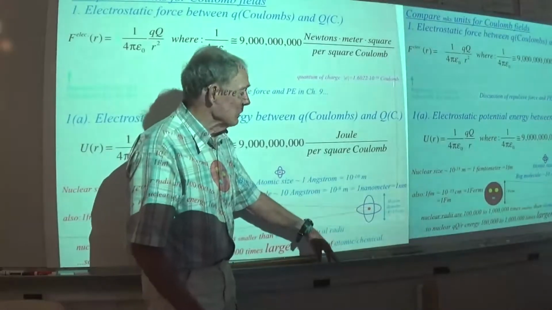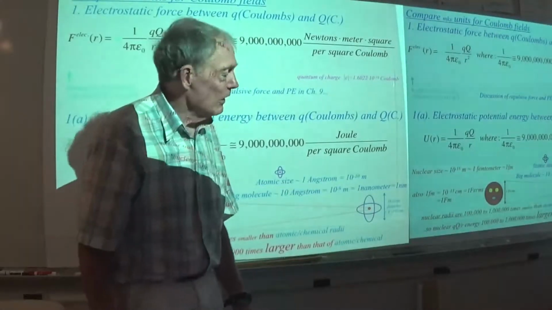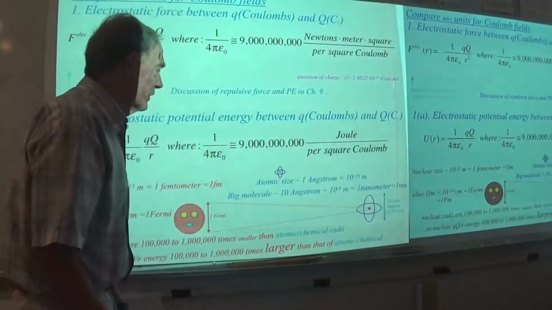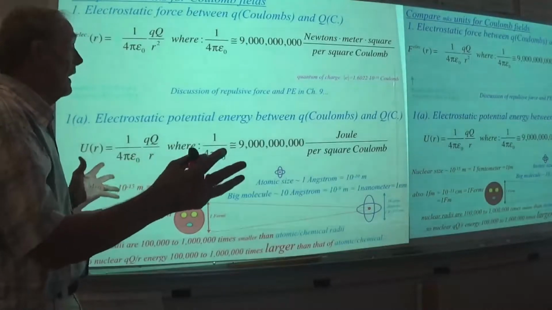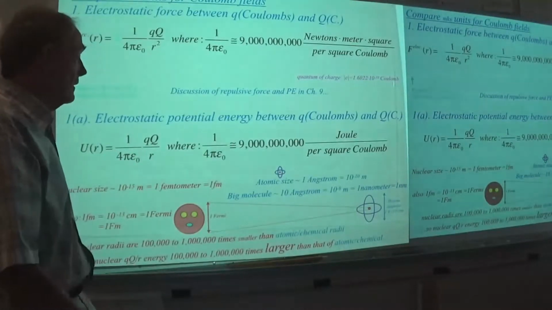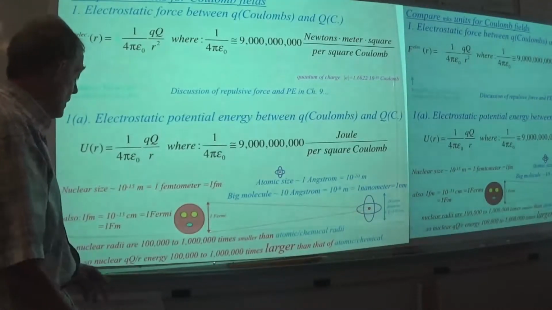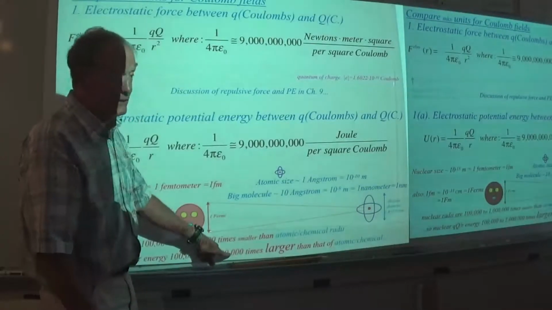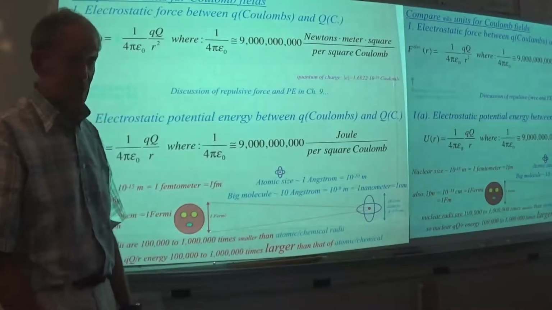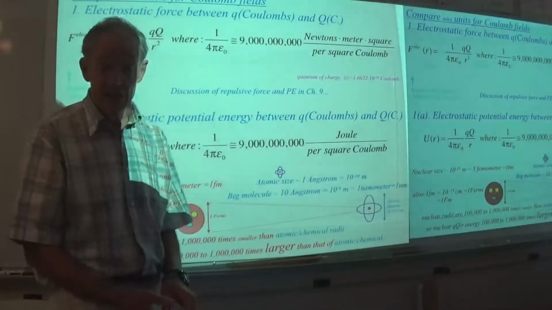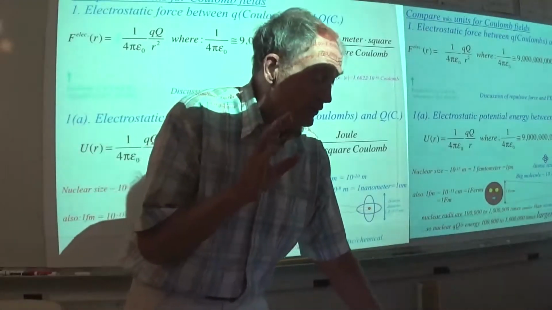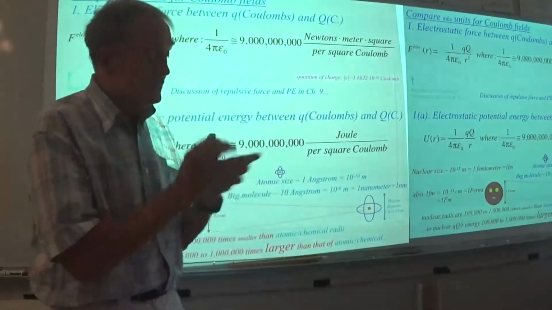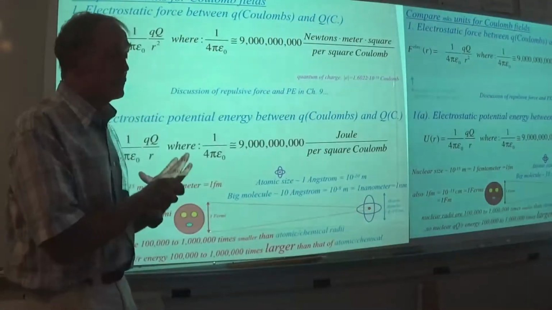If you're talking about blowing up TNT or some nitrogen explosive of some kind, that's Coulomb repulsion and makes a pretty big bang and kills a lot of people. But this one is 1,000,000 times more.